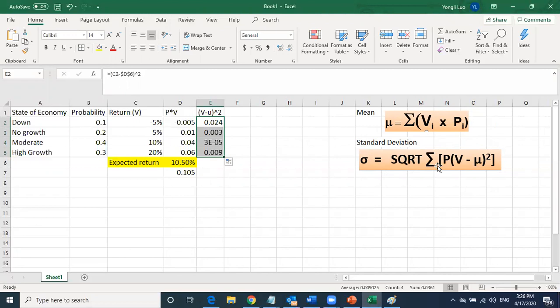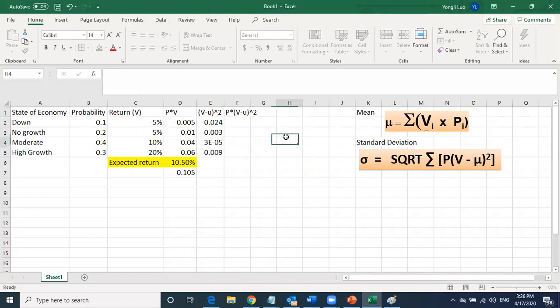Next step, this is the probability. You use that probability: it's going to be the probability times the deviation squared.